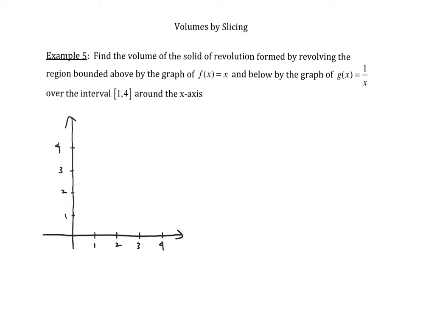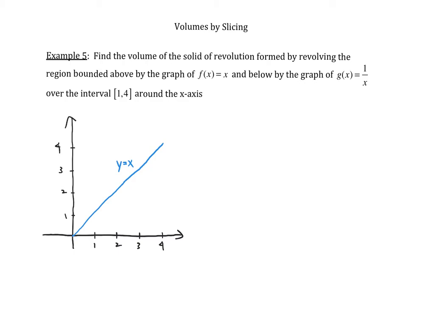And let's graph f of x equal to x in blue. So f of x equal to x is just going to be the line y is equal to x. So that's going to look something like this. This is the line y is equal to x.